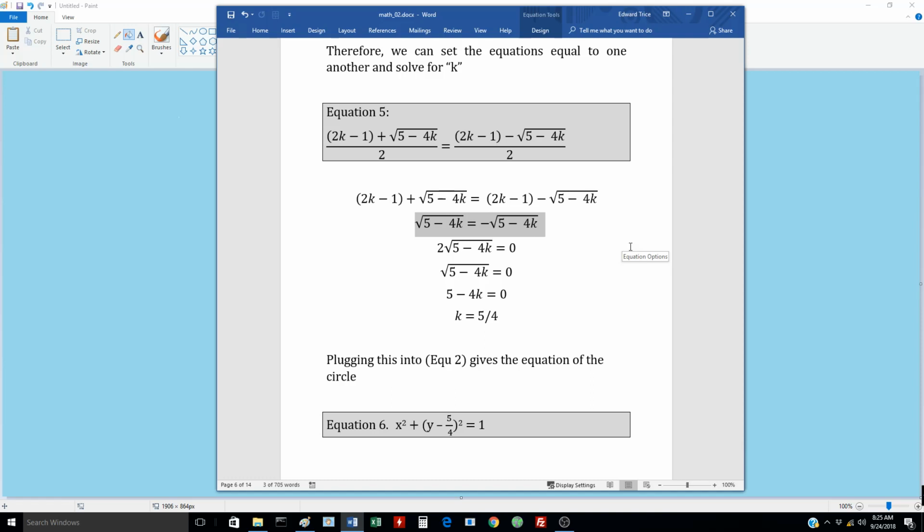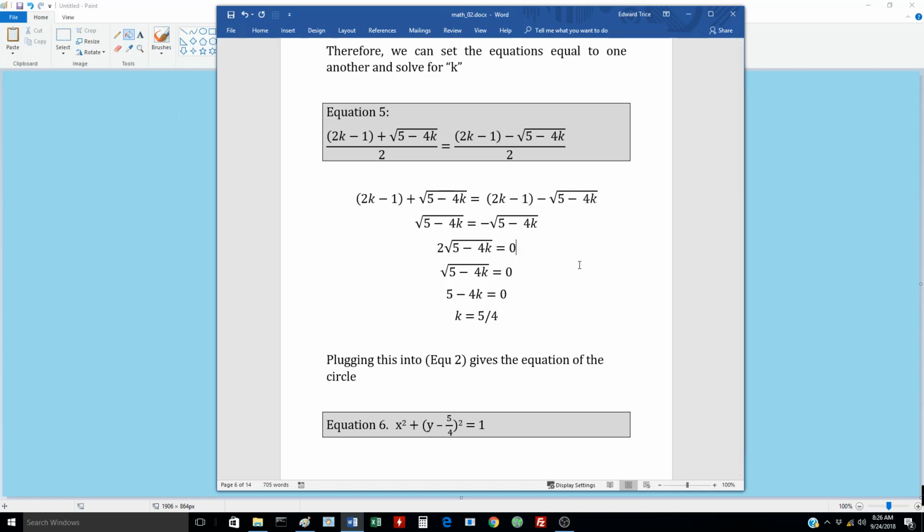You have the square root of 5 minus 4k equals the negative of the square root of 5 minus 4k. So add the square root of 5 minus 4k to both sides, right? You're going to have double that on the left side and 0 on the right side, all right? And then, of course, divide both sides by 2 because you got 0 on the right, nothing happens.